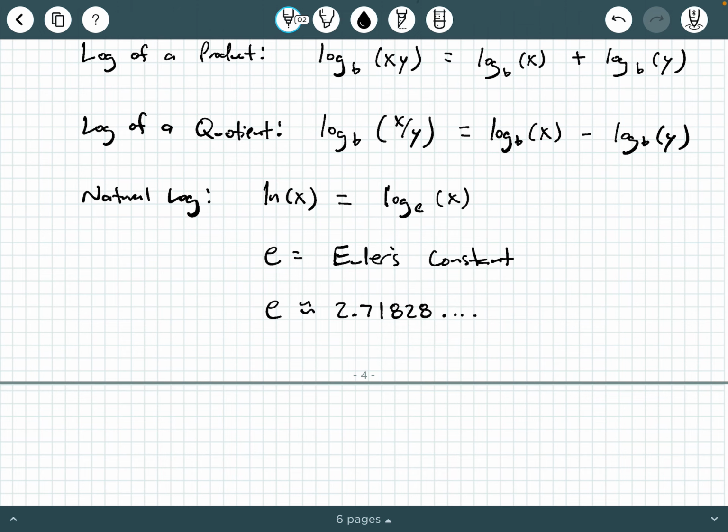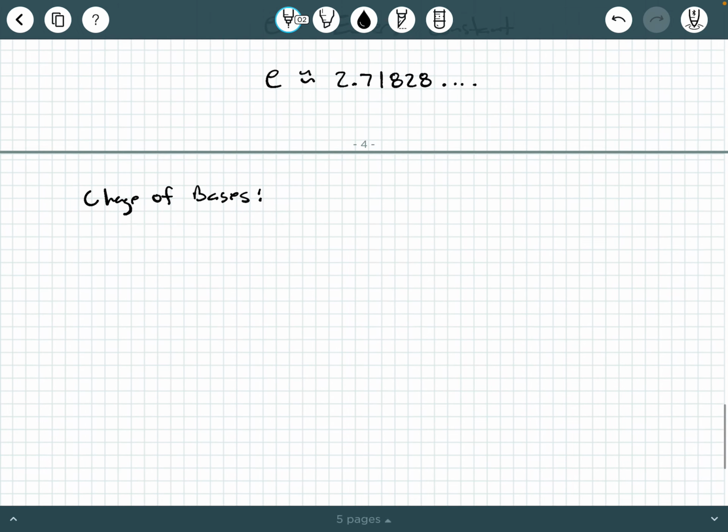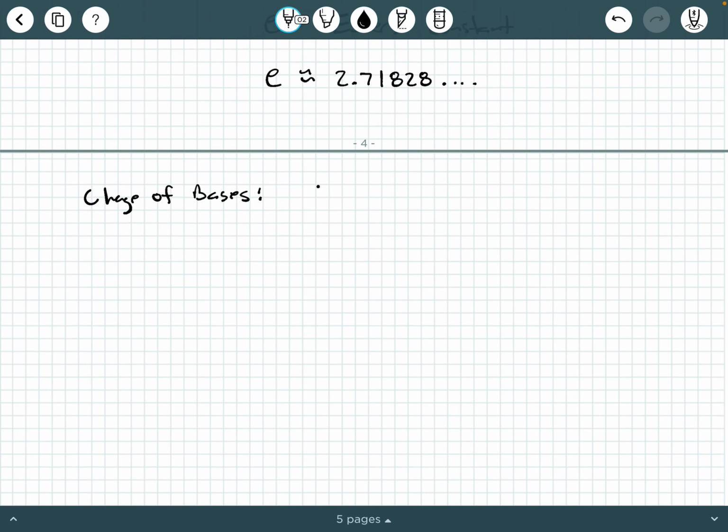We also have the change of bases of logs. So we have the change of bases of logarithms. When we have change of bases, we can say log base b of x can be written as log of another base, let's call it c, of x, divided by log with that new base c of b.